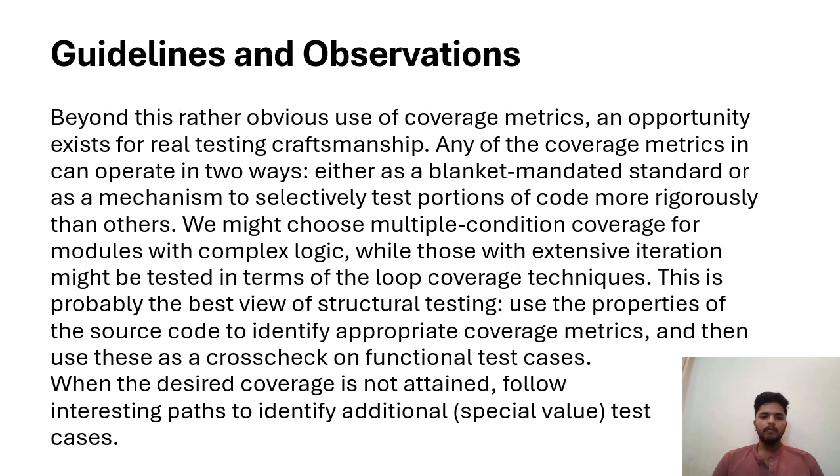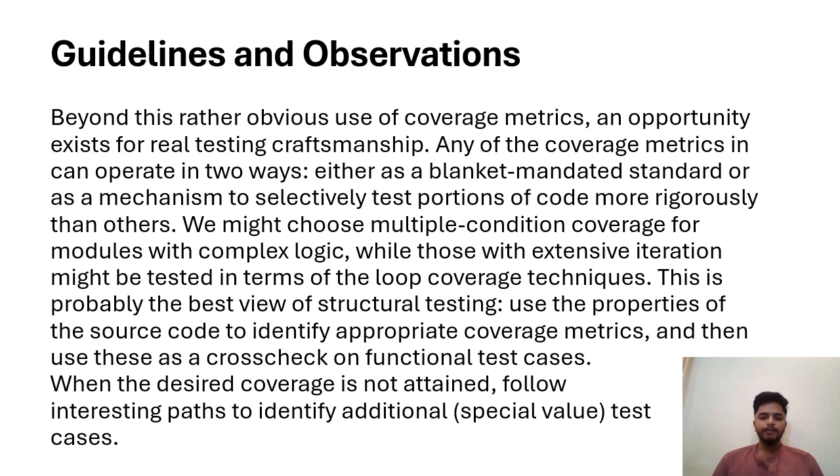Beyond this rather obvious use of coverage metrics, an opportunity exists for real testing craftsmanship. Any of the coverage metrics can operate in two ways: either as a blanket, mandated standard, or as a mechanism to selectively test portions of code more rigorously than others. We might choose multiple condition coverage for modules with complex logic, while those with extensive iteration might be tested in terms of loop coverage techniques.